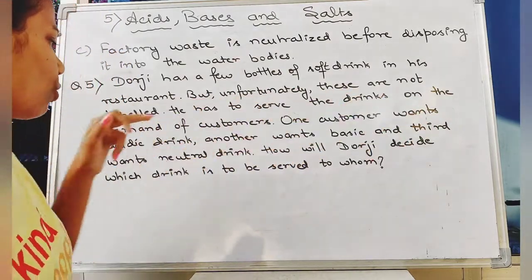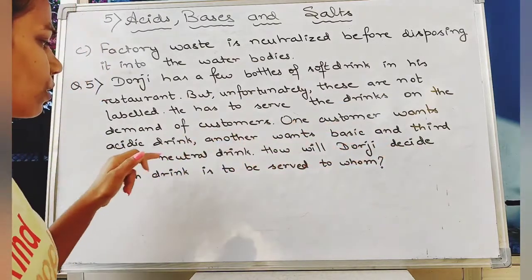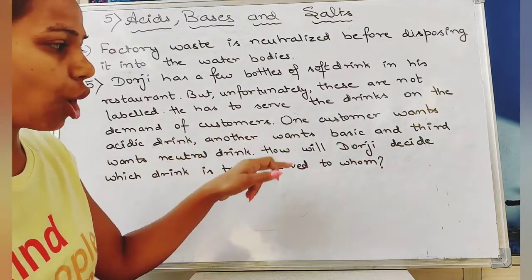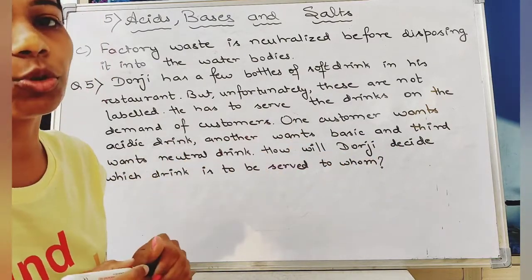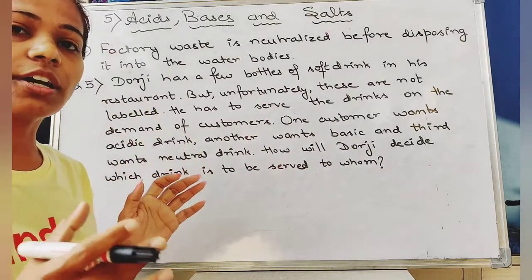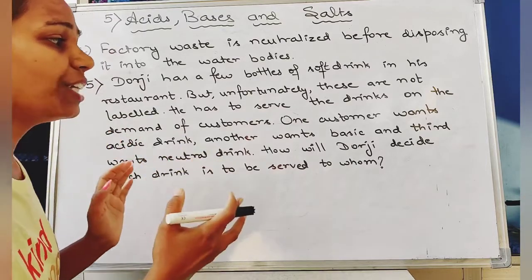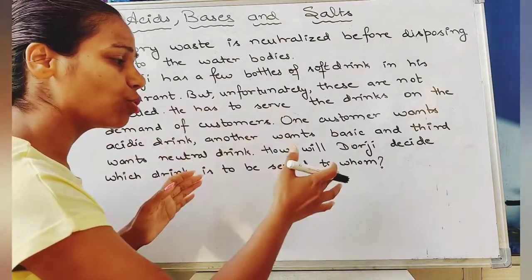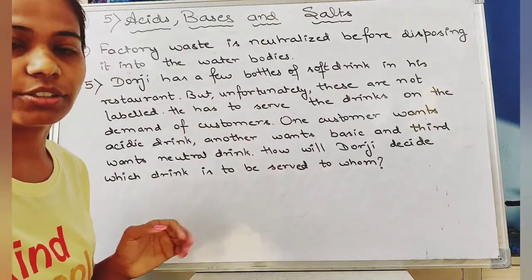One customer wants an acidic drink, another wants basic, and the third wants a neutral drink. How will Dorji decide which drink is to be served to whom? So here you need to write the role of indicators, children. How indicators help Dorji to identify the nature of the drink.